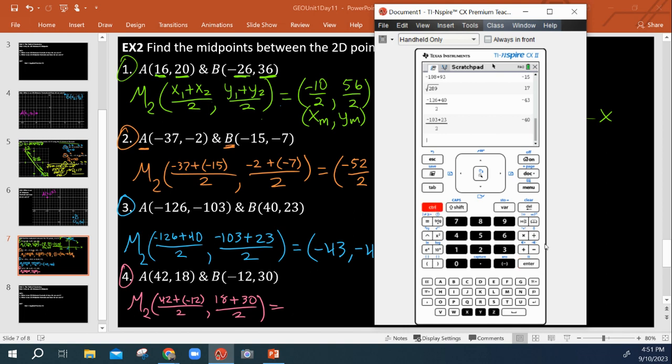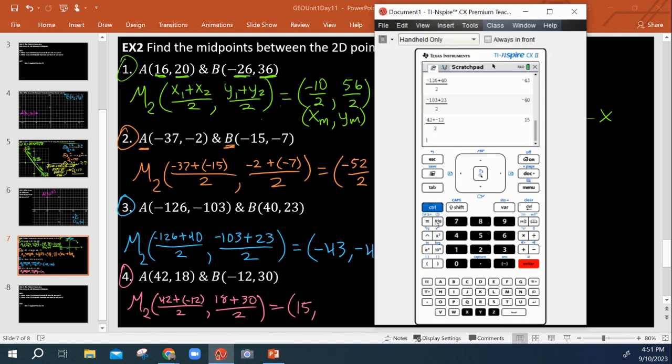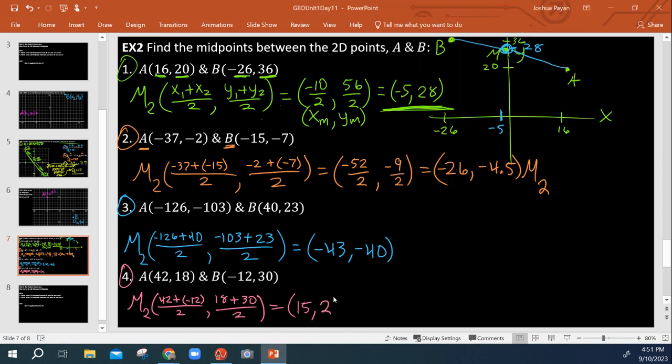So control divide, we're going to say 42 plus negative 12, all of that over 2. My x midpoint is simply 15. And my y midpoint is going to end up being control divide 18 plus 30, all of that over 2, right? And that's simply going to be 24.